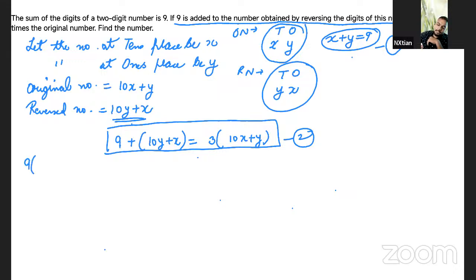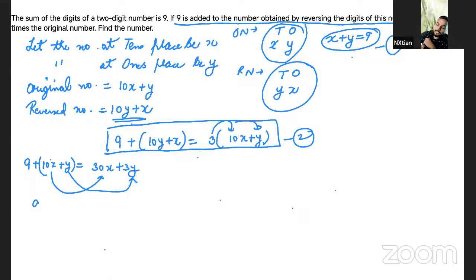So it will become 9 plus 10x plus y is equal to 30x plus 3y. How did it come? This 3 will multiply with both the terms. Now I'm sending plus 10x and plus y to one side.